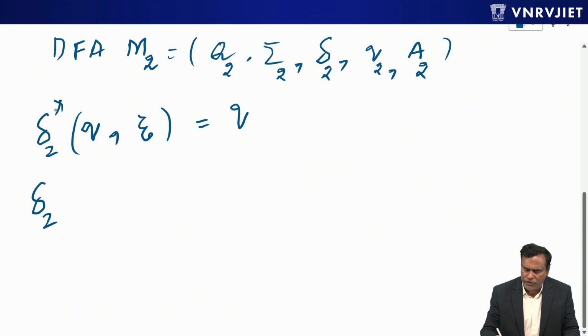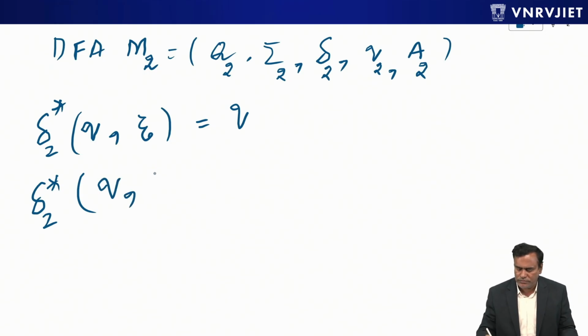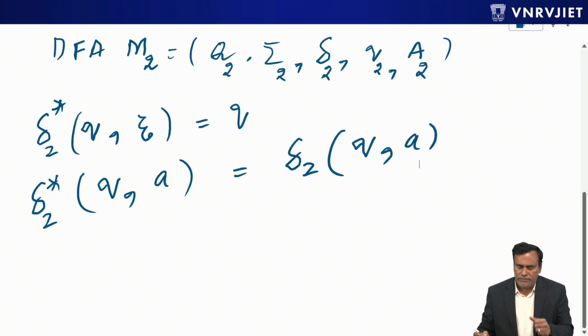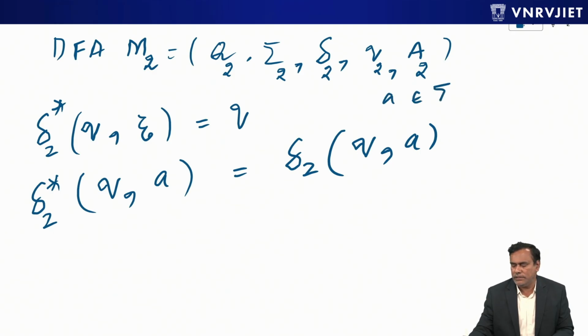Delta star of Q epsilon is Q itself, and also delta star of Q with a single input symbol, say A, is equal to delta 2 of QA. This is for A belongs to sigma.